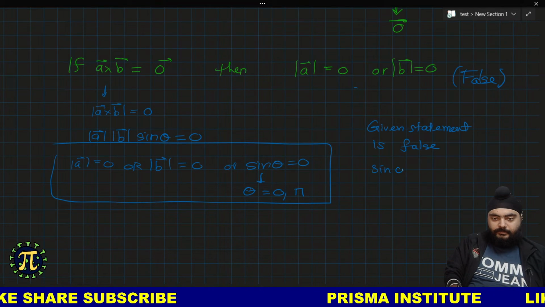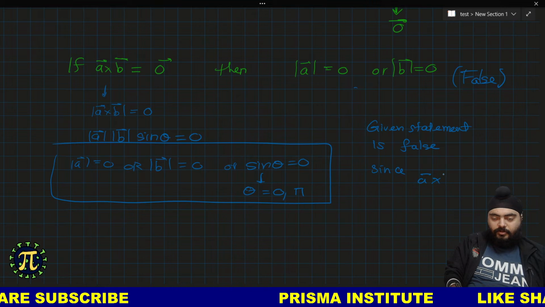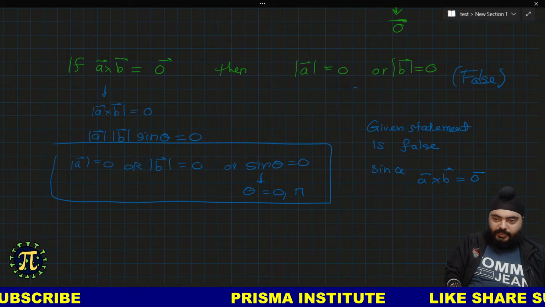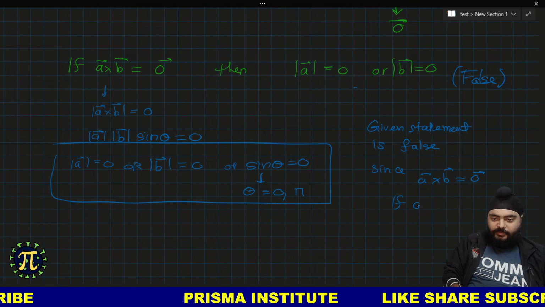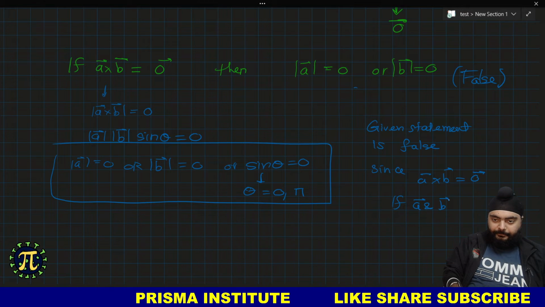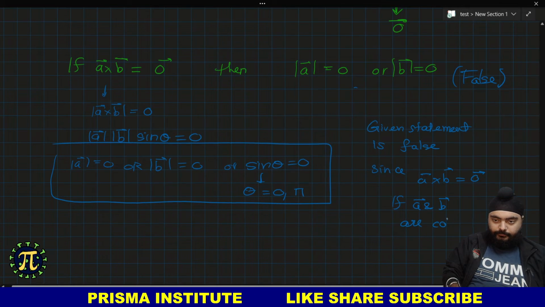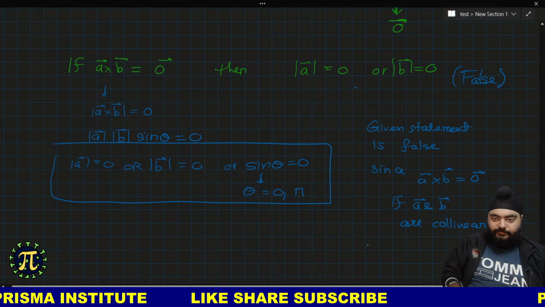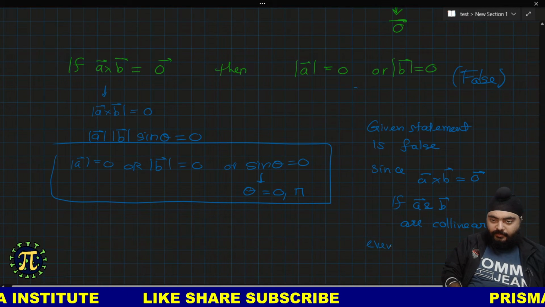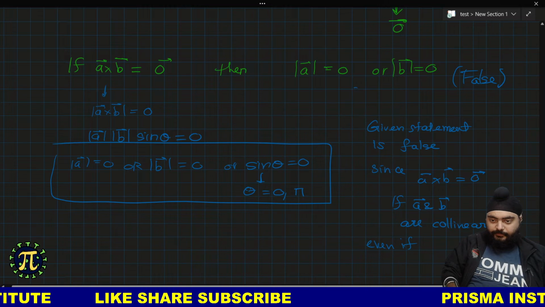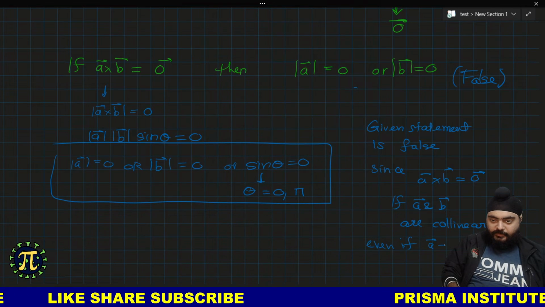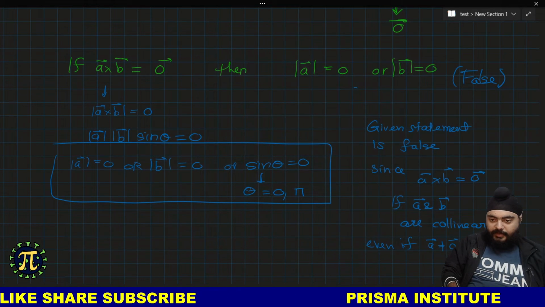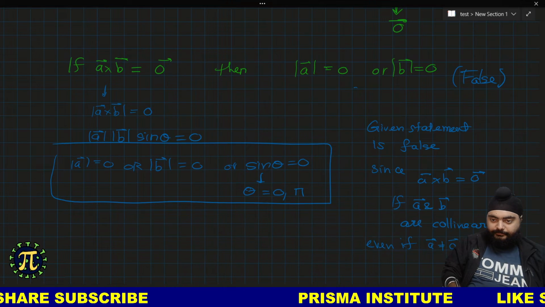Since A cross B vector can be null vector if A and B are collinear, right? Even if A vector is not null and B vector is not null, right?